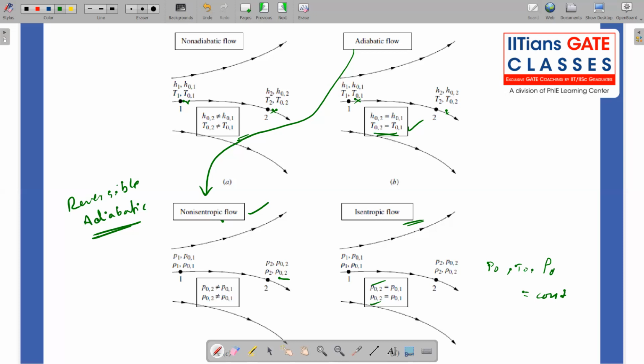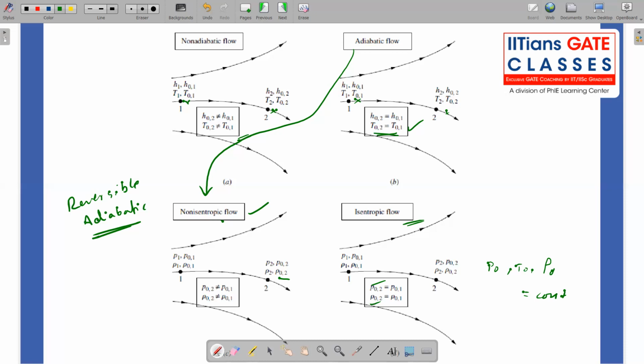Similarly, if you want to define a stagnation pressure or stagnation density, then you have to start off with a steady, inviscid, reversible adiabatic flow field for a calorically perfect gas. When the flow comes to rest, then the pressure it experiences is the stagnation pressure, or the density the fluid experiences is the stagnation density.